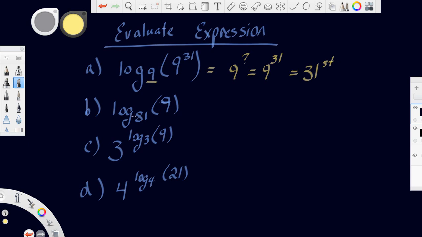Now on this one, it's saying, hey, log base 81 of 9. So what do I have to do to 81 to get 9? Well, I know that the square root of 81 equals 9, but what power is that? Well, that's the same thing as raising 81 to the 1/2 power. So my answer would be 1/2.